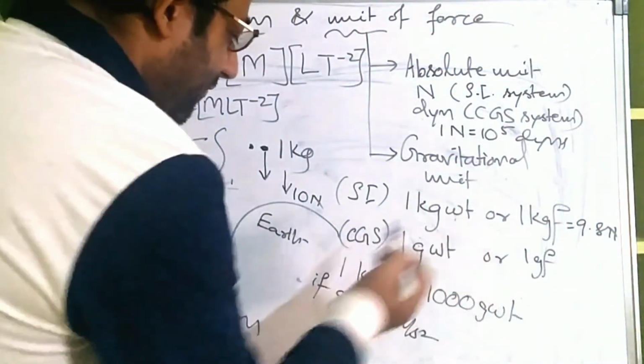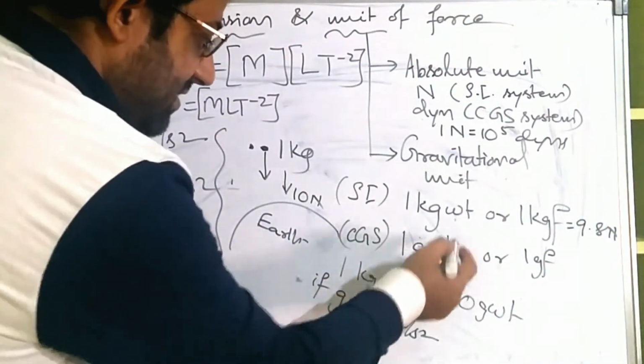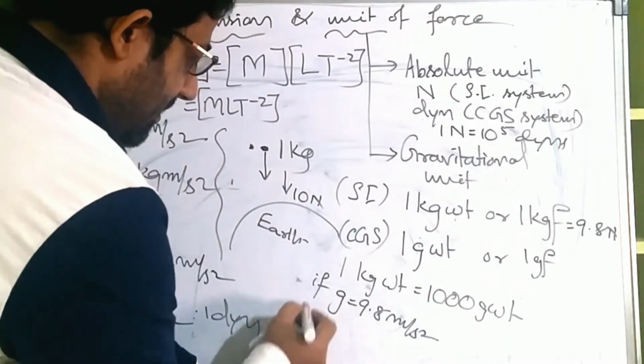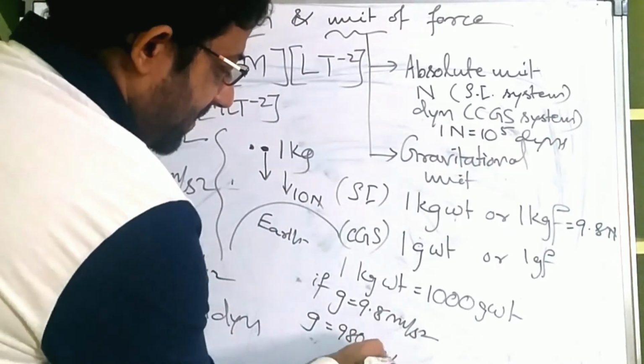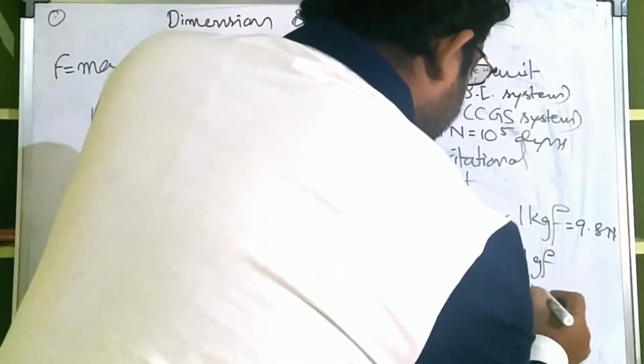And 1 gram weight is equal to how much? In the CGS system, g is equal to 980 cm per second square. So 1 gram weight is 980 dyne.